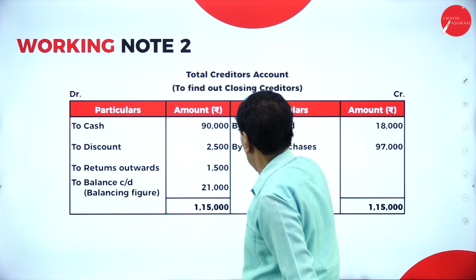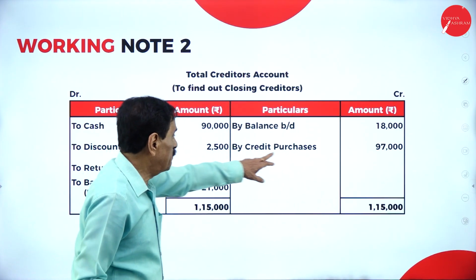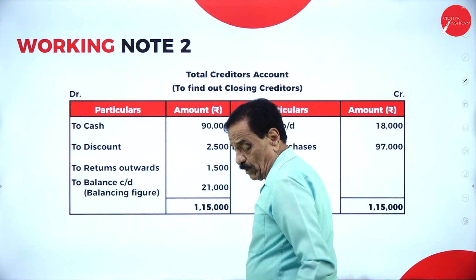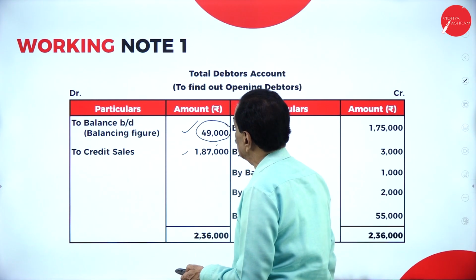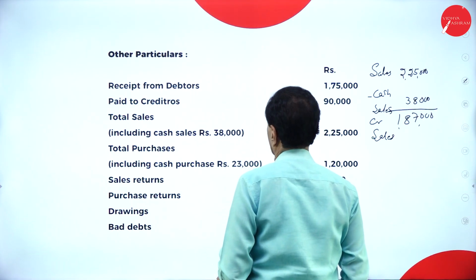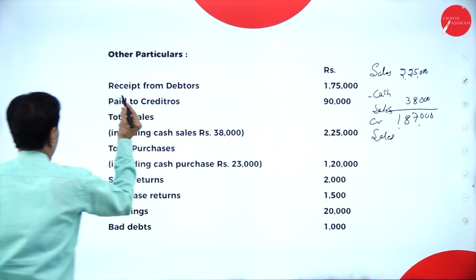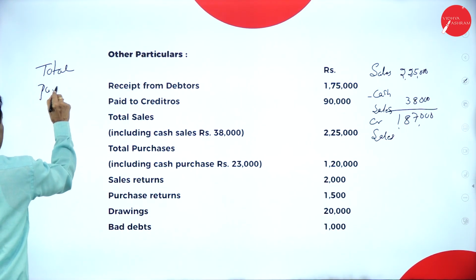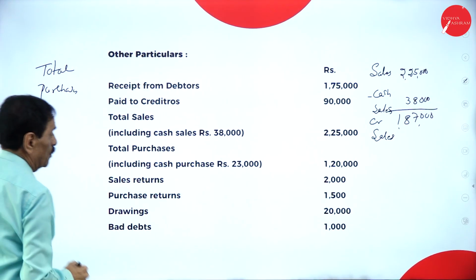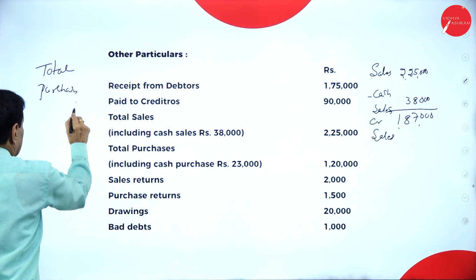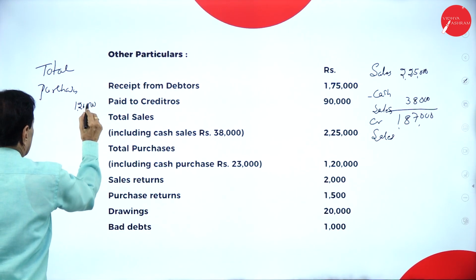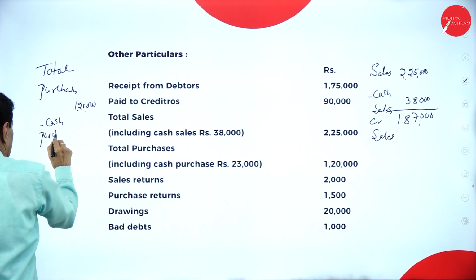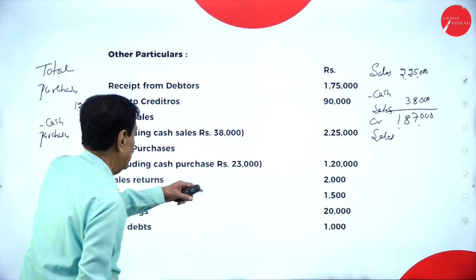Okay. So now the creditors account: by balance brought down 18,000. By credit purchases 97,000. Your total purchases 1,20,000 minus cash purchases 23,000.